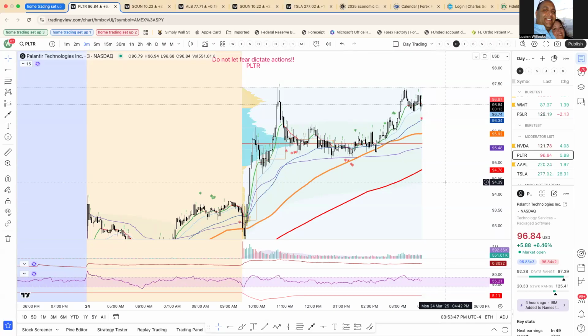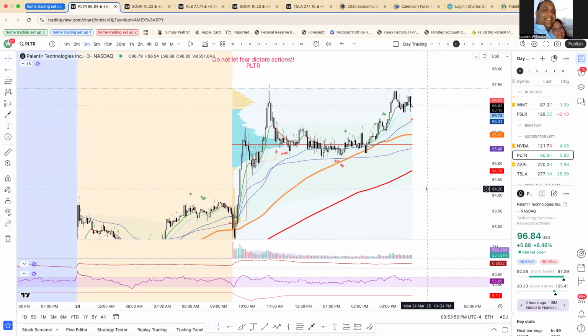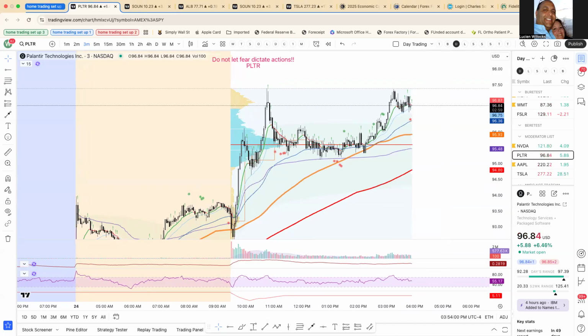Okay, so what we're looking at here is Palantir, and this is today, which happens to be the 24th of March. This is a great example of VWAP being used for support. VWAP is this purple line on my chart. As you can see, it broke out early in the morning, retested, came back up, made a new high, came back down, and essentially used VWAP, especially in these locations, as support.